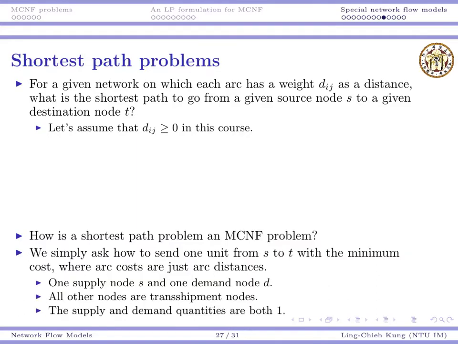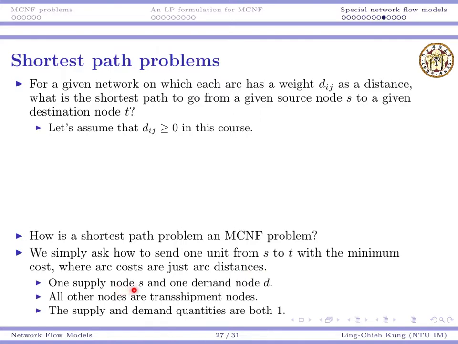The key is we simply ask how to send one unit from S to T. The reason for sending one unit is that we want to send a unit from S to T with the minimum cost. Then that one unit will try to find the minimum cost path, right? And that's the idea. So arc cost in an MCNF problem will just be those distances in the shortest path problem.